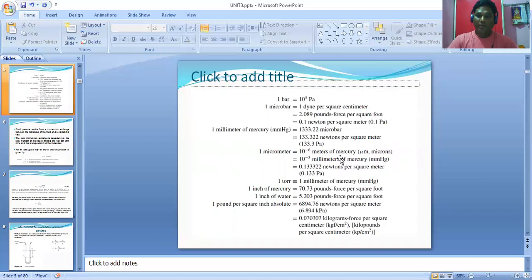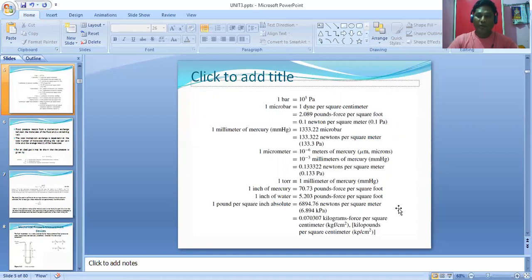So that is equal to 10 power minus 3 millimeter of mercury, that is 0.133 Pascal. 1 torr is equal to 1 millimeter of mercury. 1 inch of mercury is equal to 70.773 pound force per square foot.